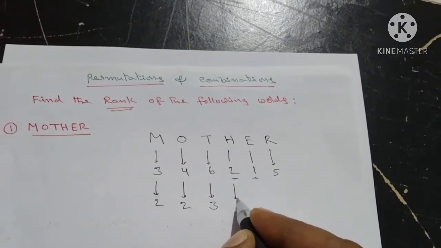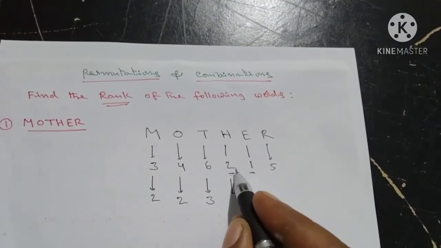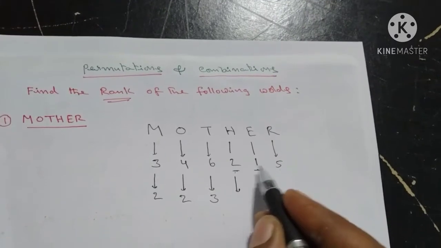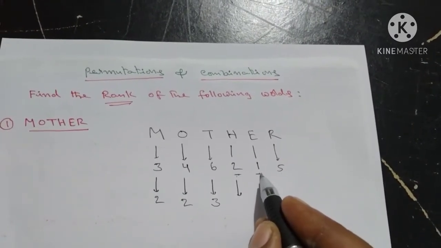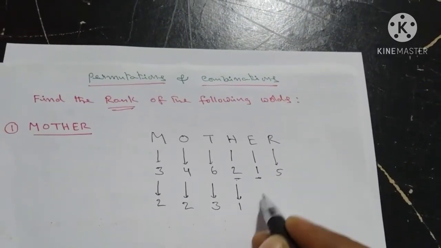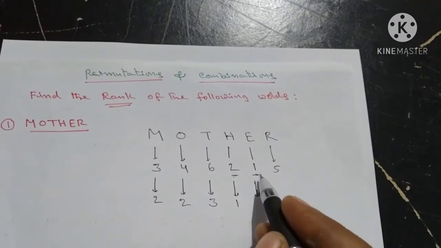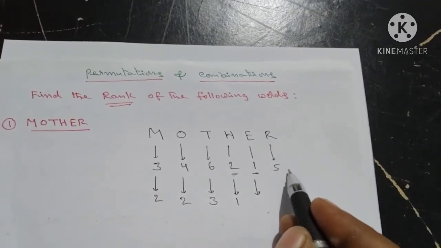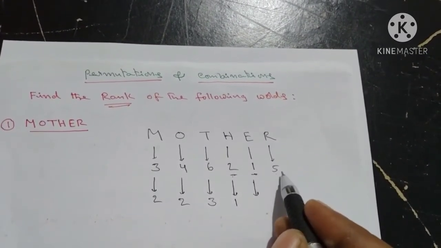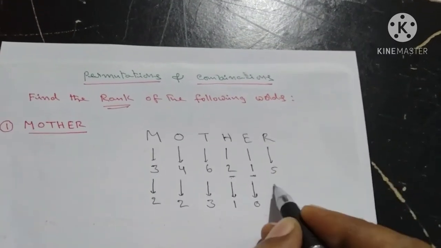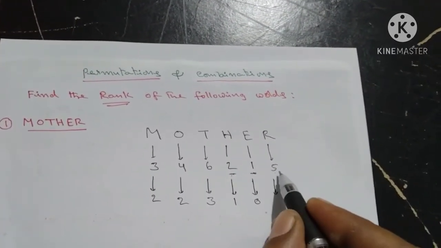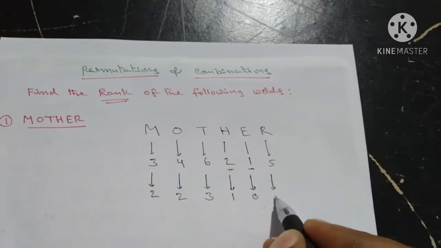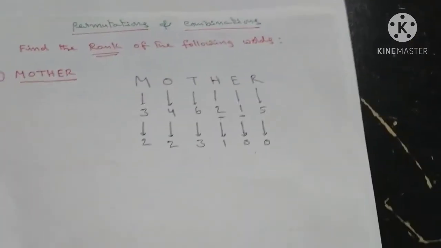Now next, 2. Right side of 2, only 1. So the lesser values of 1 on the right side: nil, so 0. The number of lesser values of 5 on the right side: nil, 0.